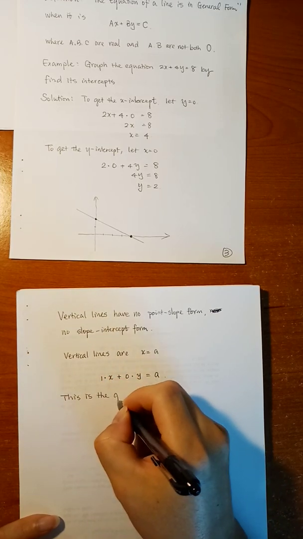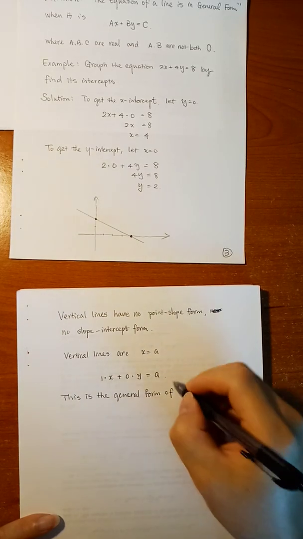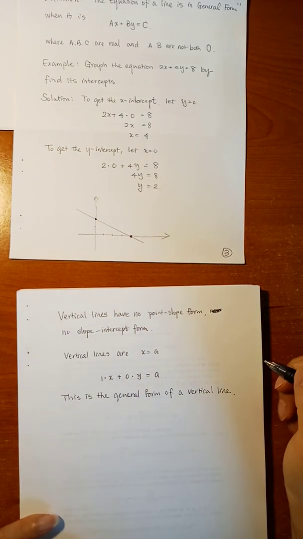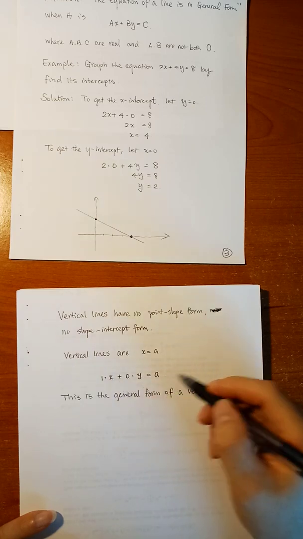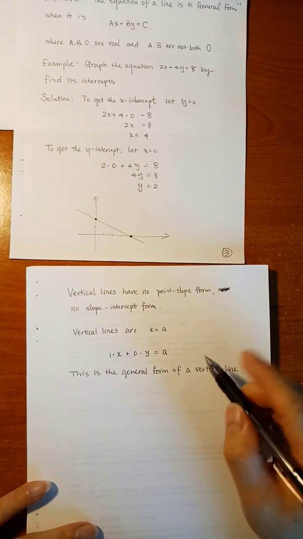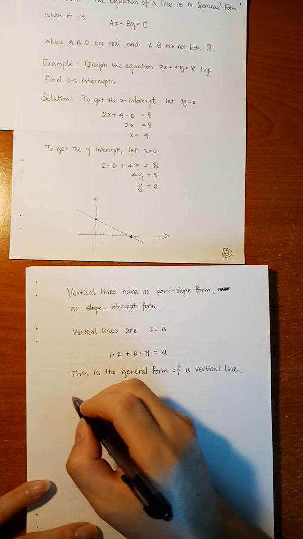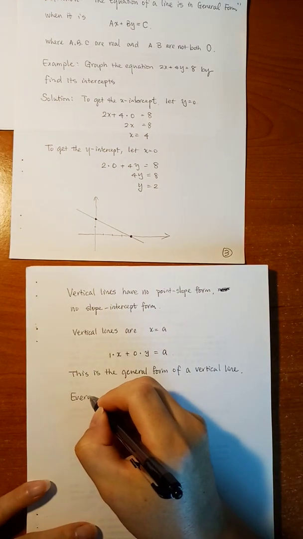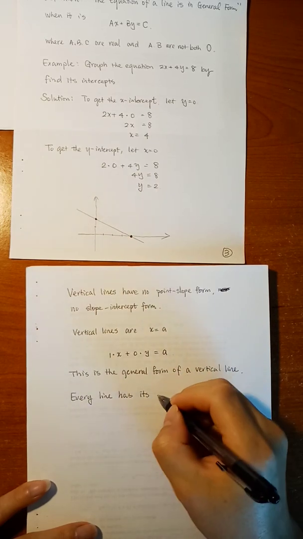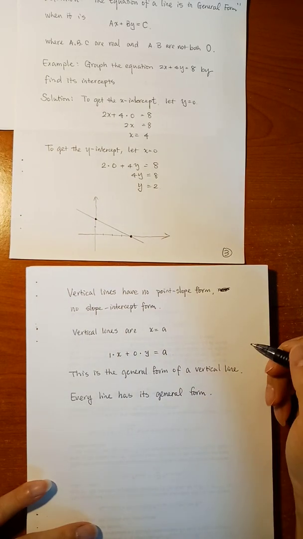This is the general form of a vertical line. Okay, 1 times x plus 0 times y equal to a: a is 1, b is 0, c is a. So basically we can say that all the lines have general form. Every line has its general form.